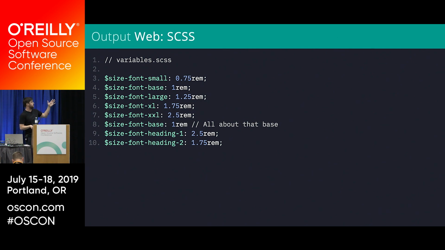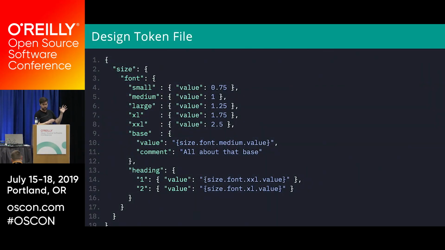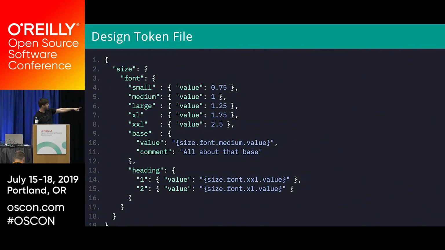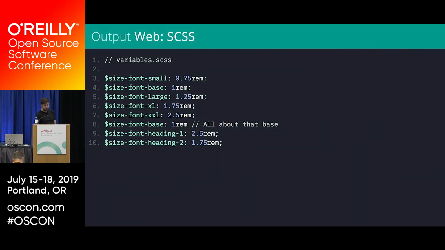So you can output just a flat list of variables. And if you notice, the name of the variables references the object structure. So size font small makes the variable name size-font-small. And on web, we're using the rem unit. And you can see the comment is still there from here.